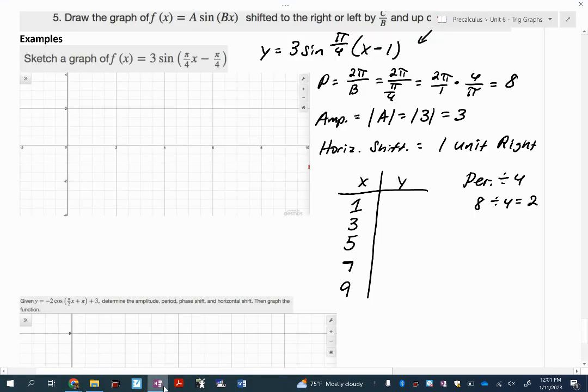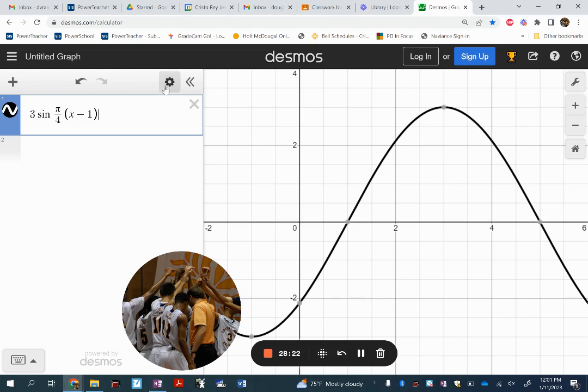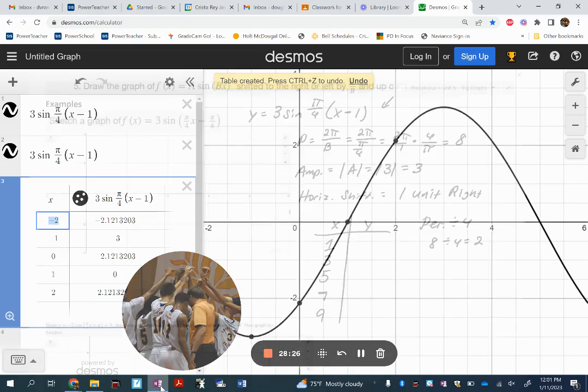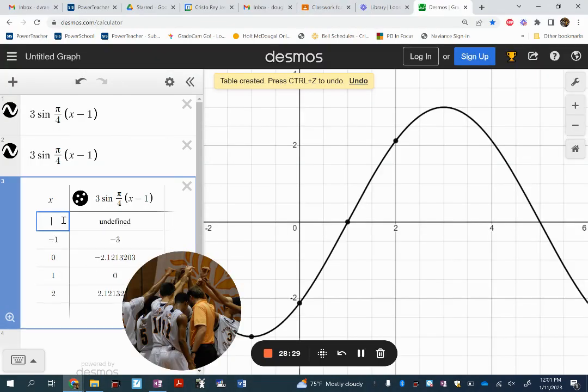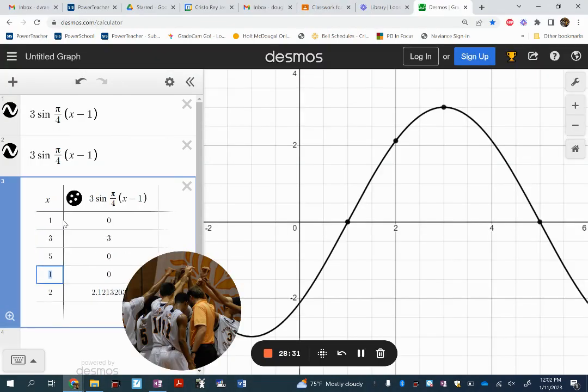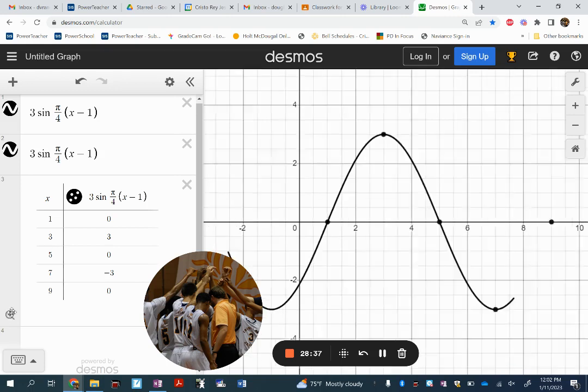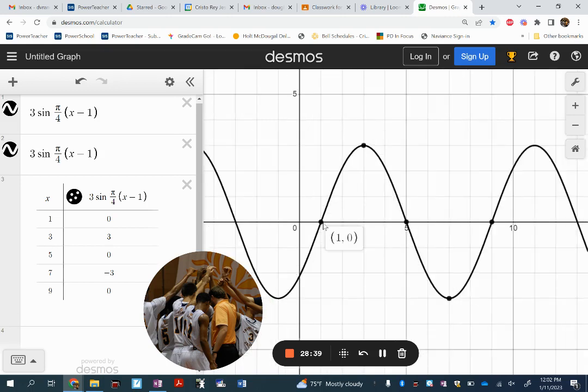Sure, so 3 sine pi over 4 x minus 1. Great. I want to tell it which ones to use, so let's make a table. I'm using 1 through 9, counting by 2. So 1, 3, 5, 7, 9. All right, and then we zoom fit. There it is. So 1, 3, 5, 7, 9.